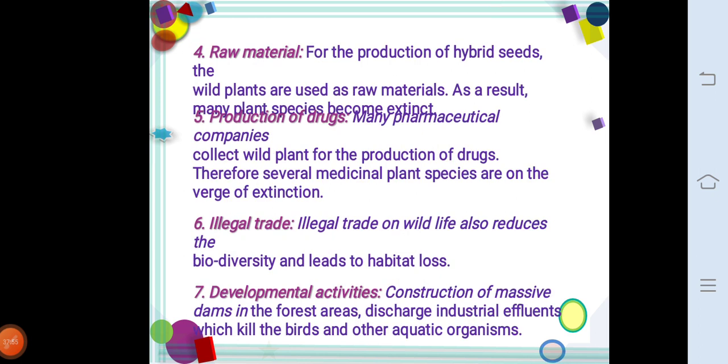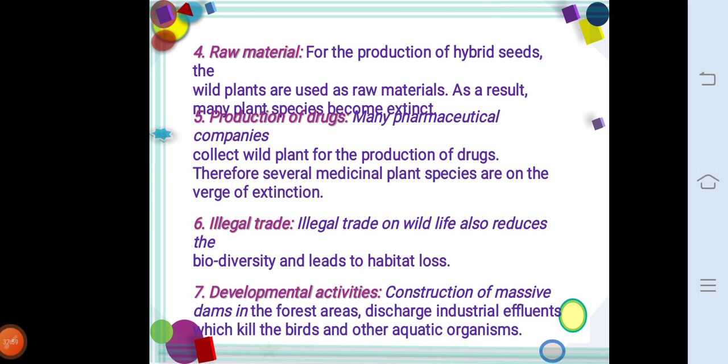Illegal trade in wildlife reduces biodiversity. Next is developmental activities. Construction of massive dams in forest areas and discharge of industrial effluents kill birds and other aquatic organisms.